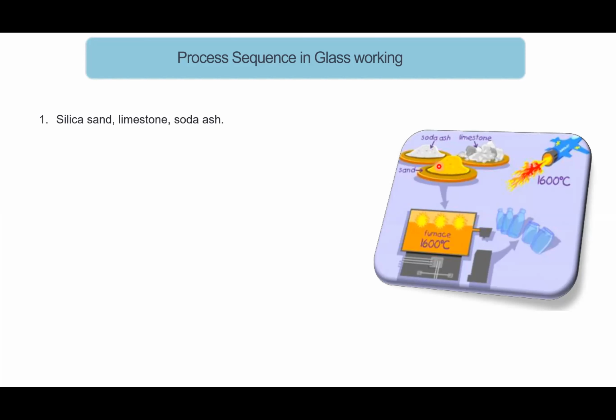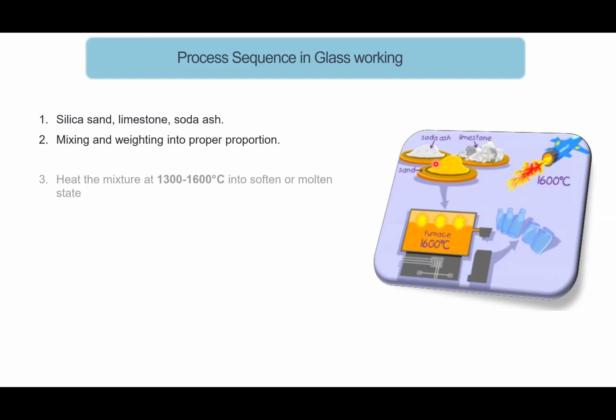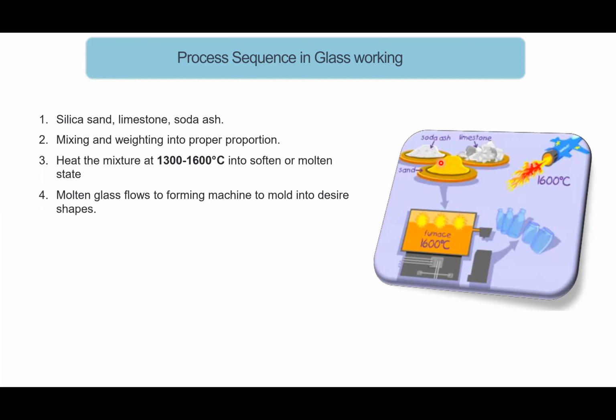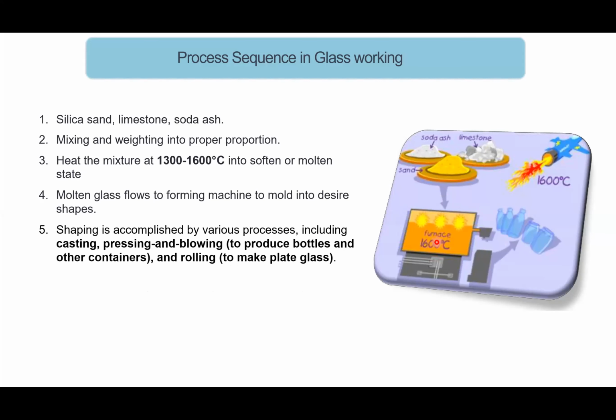So if we talk about the general manufacturing process, all the ingredients are mixed together and then heated at about 1300 to 1600 degrees Celsius to make it a liquid. Okay, and then we use a mold to get the desired product of different shapes and sizes.